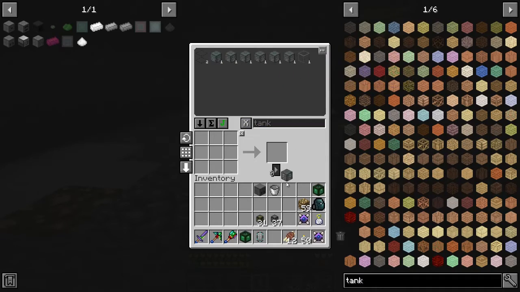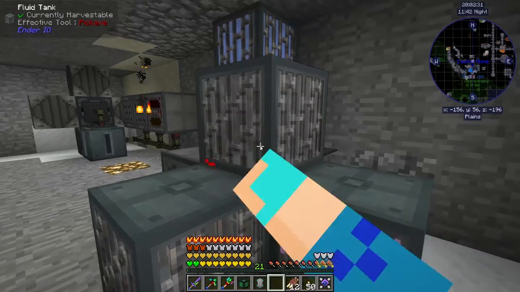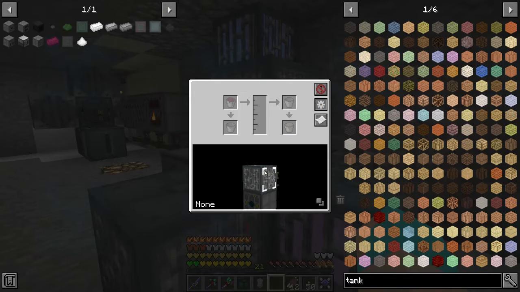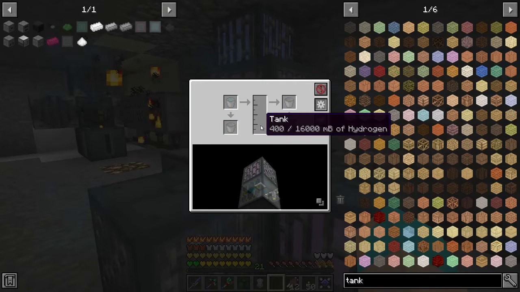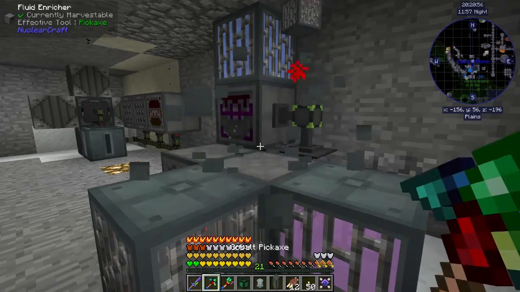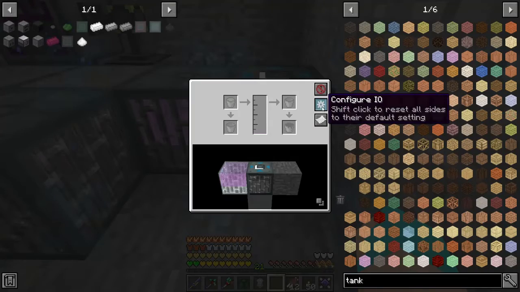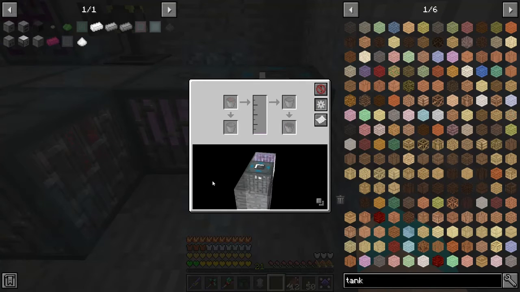We just might get what we want out of this at some point. Not hydrogen. Push all the hydrogen out. Good.